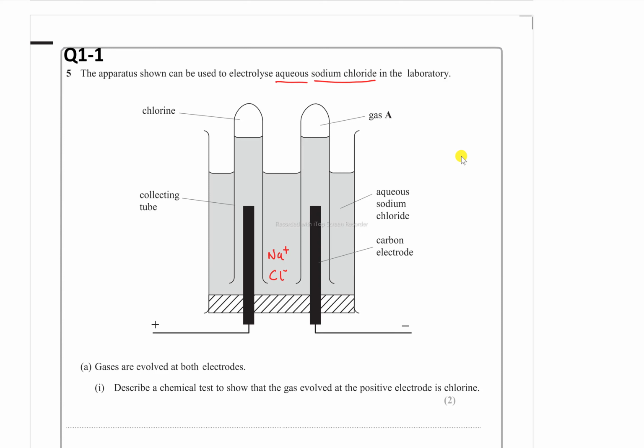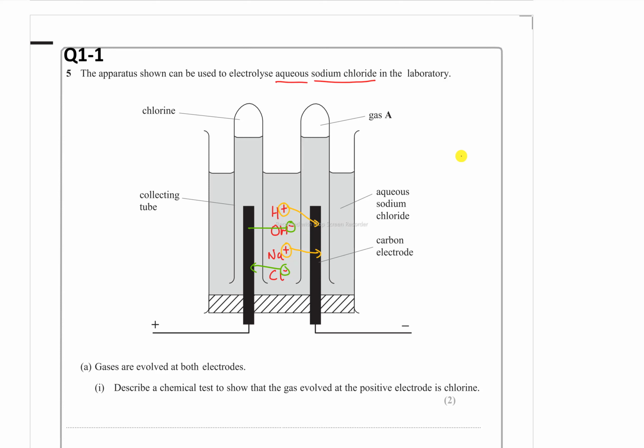And you've got water which breaks down into hydrogen ion and hydroxide ion. Now, the positive ions will go to the negative side. The negative ions will go to the positive side. So this is what's going on in your head, yeah?